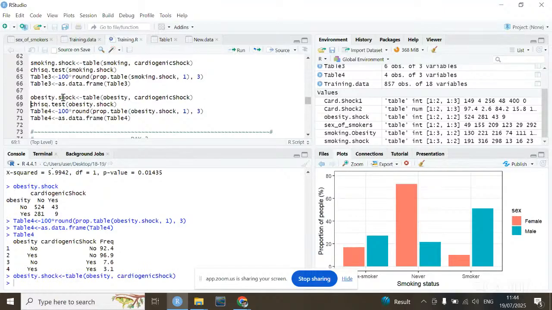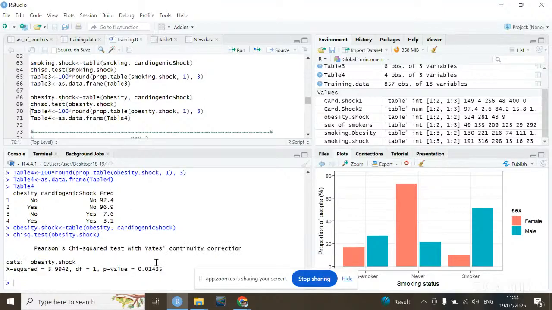So when we look at this case here, we have a p-value of 0.014. So it shows that there might be a relationship, but there might not be.